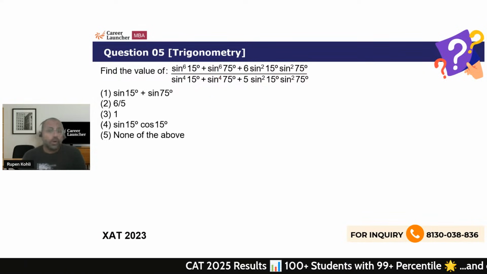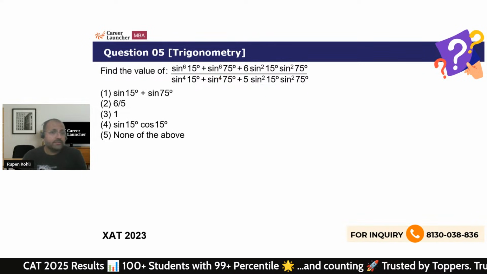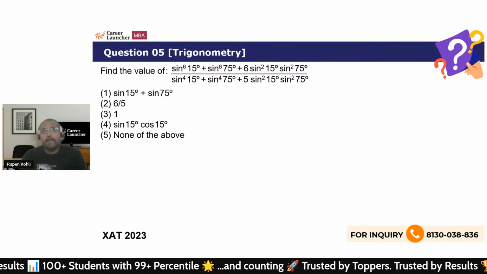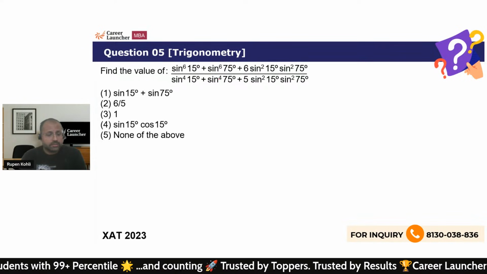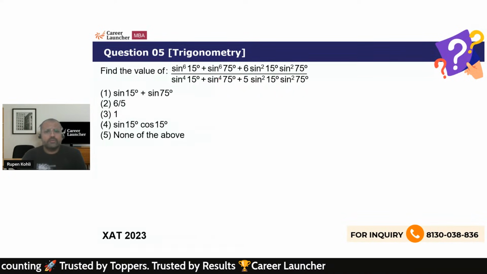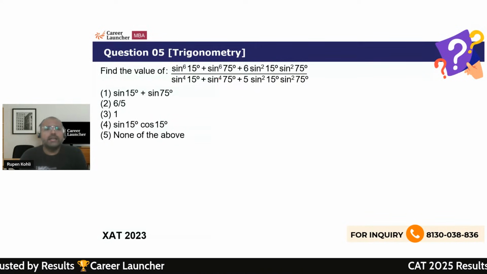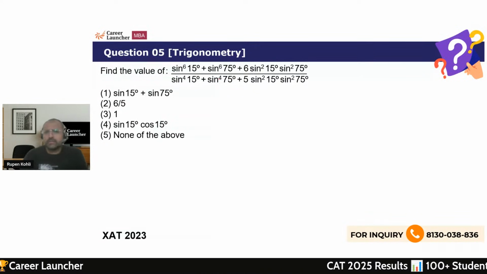Obviously you don't know the value of sine 15, sine 75, anything at all. But this question is about a fraction or a ratio. So you have to try to simplify this, and perhaps you can get two conclusions.